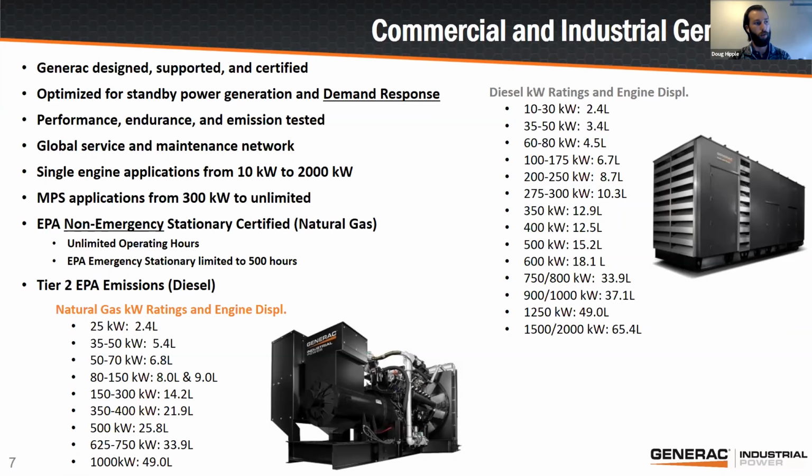And we can parallel, so we can combine and daisy chain multiple generators together to enable a more flexible system to make sure different generators are loaded at different times.